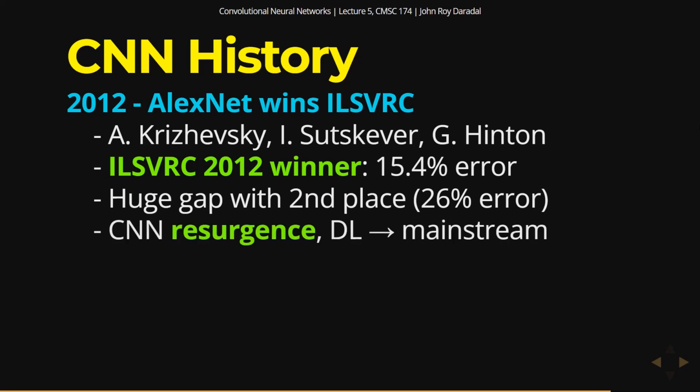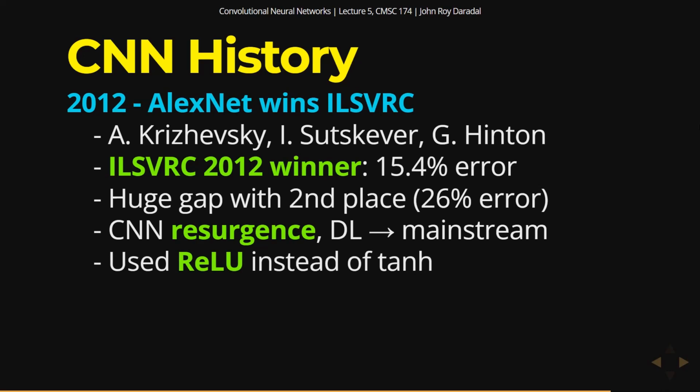So because of this success, a resurgence of CNN research was brought back. Okay, there was a resurgence in CNN research, and deep learning was brought back to the mainstream because of this success.